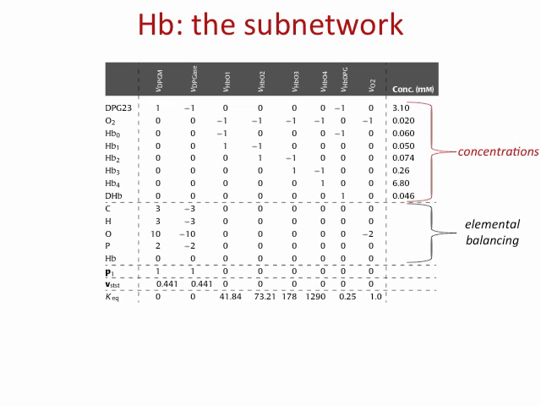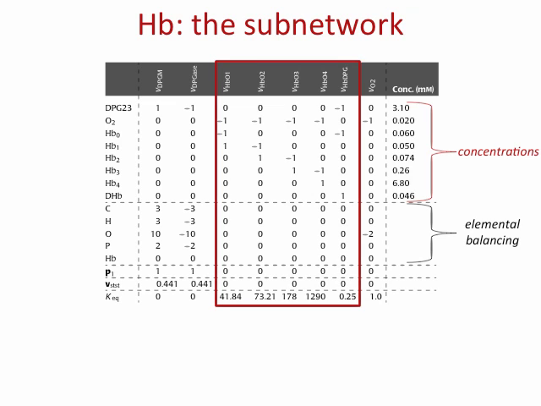The elemental balancing is shown here, and for all the internal reactions, they are fully elementally balanced, whereas the exchange reactions are not. For instance, we can see that the exchange flux for oxygen has two atoms of oxygen leaving or coming, depending on the sign of that flux.